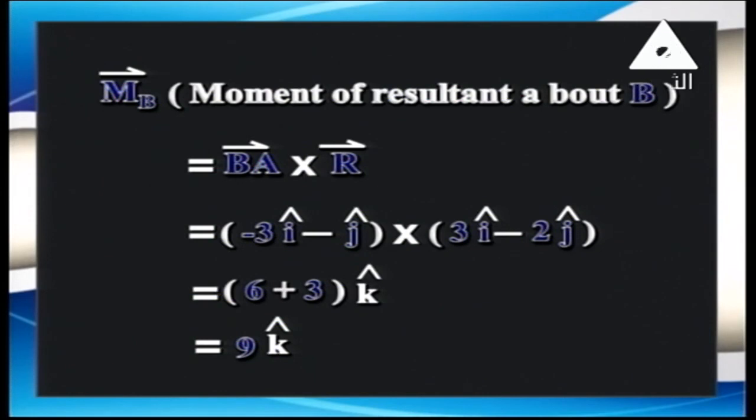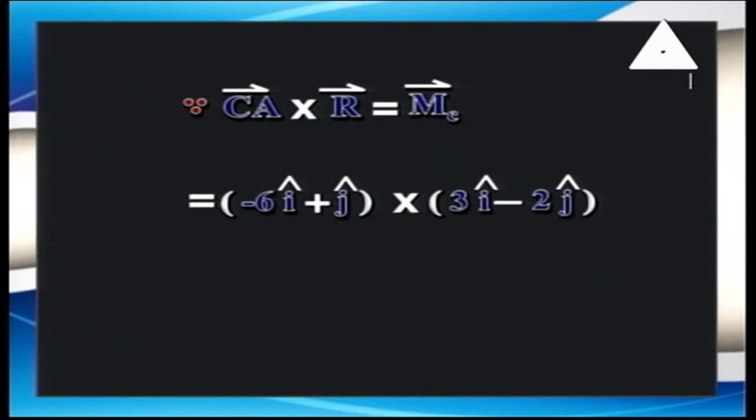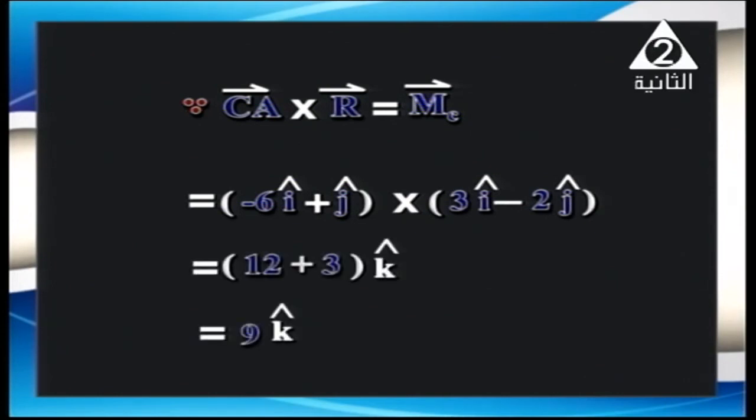Remember, my dear student, CA vector equals A vector minus C vector, by the same method. CA vector cross R vector equals the moment about C. Negative 6I vector plus J vector, cross 3I vector minus 2J vector, equals 12 minus 3K vector, equals 9K vector.